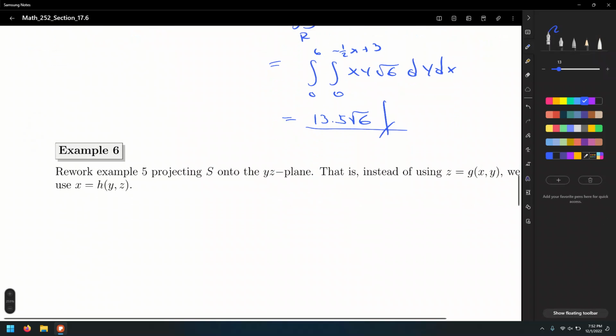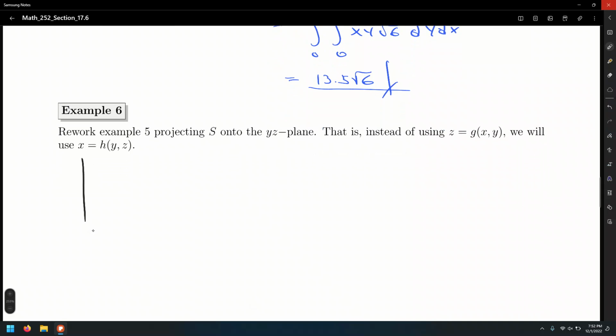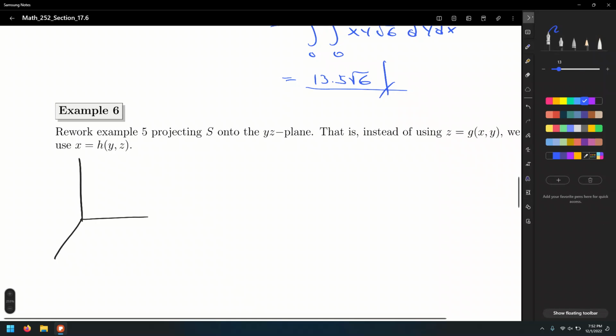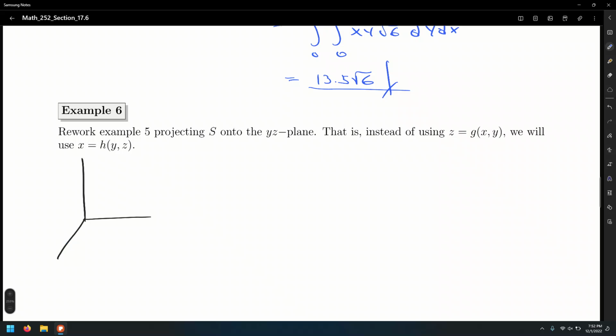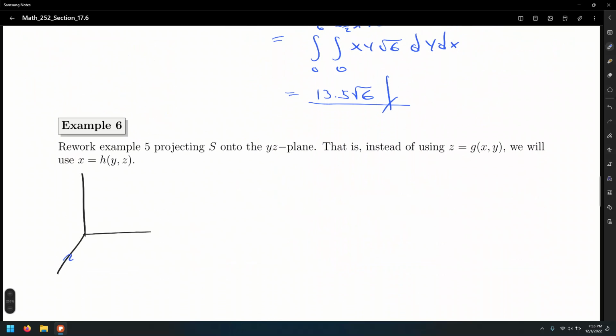So I'm going to do the graph in 3D again. What did we get over here? It was 6, 3, and 6.